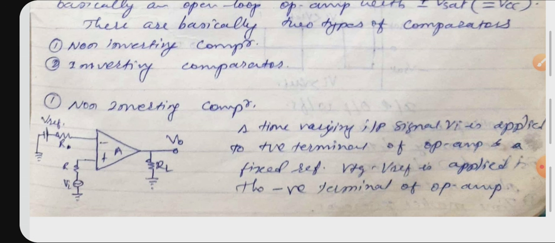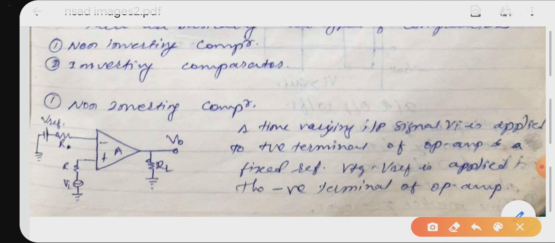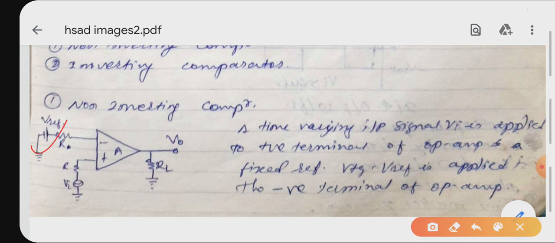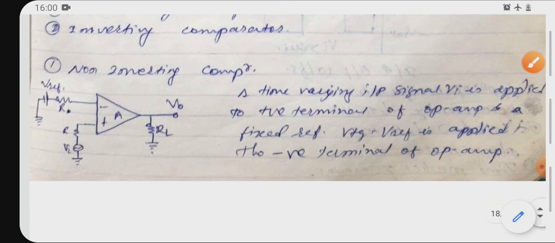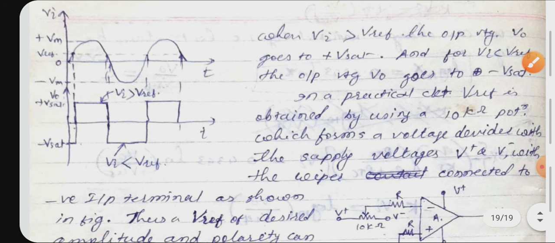So here is the circuit of the non-inverting comparator. The input signal is applied to the non-inverting terminal, and to the inverting terminal a fixed reference voltage is applied, which is acting as the reference voltage, V reference. Okay, so what will happen here? This is the input signal.